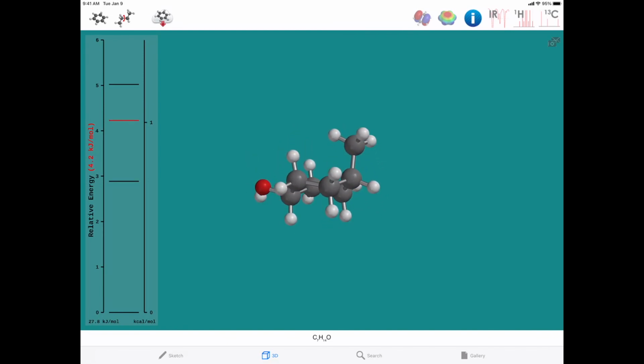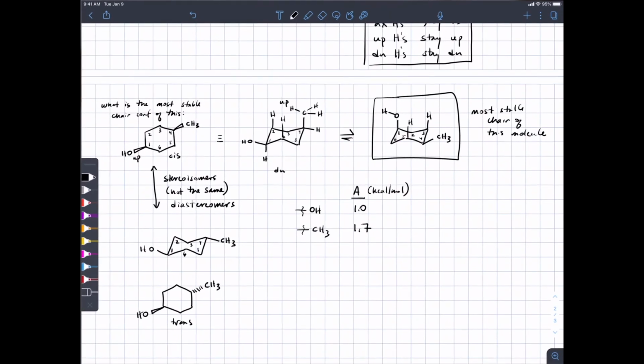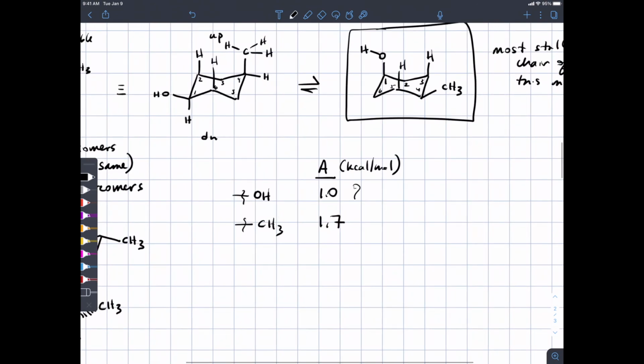And then here's a conformation where the methyl group is axial, and that is about a kcal per mole less stable than the conformation where OH is axial. And that is exactly what we would have predicted from these A values. It's almost a kcal per mole better to have OH axial than to have methyl group axial.